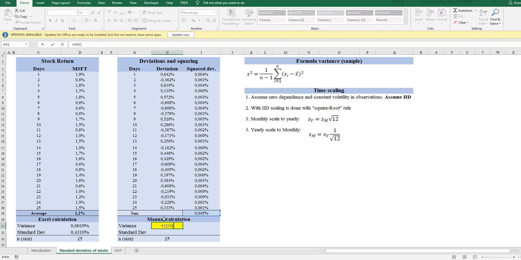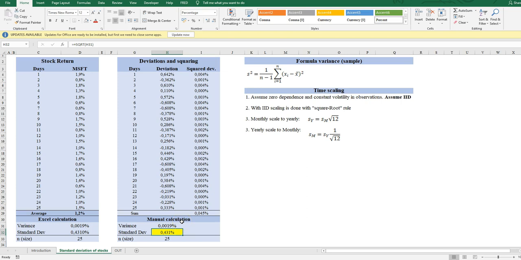Divided by the sample size minus this little statistical thing, and we see we get the same result. So now we just need to square root the variance, and we get the same result.